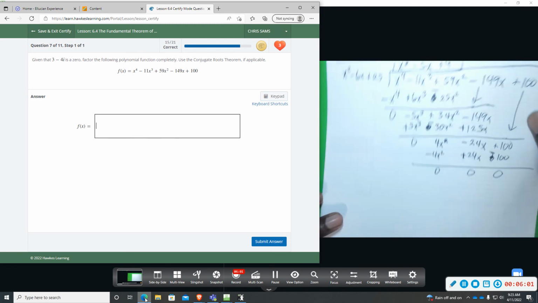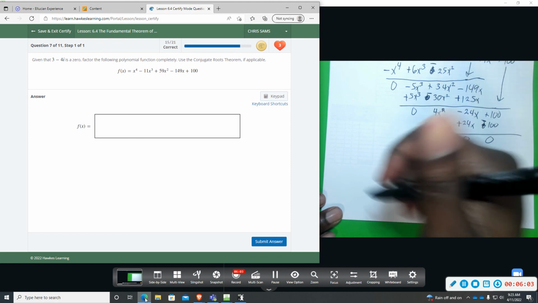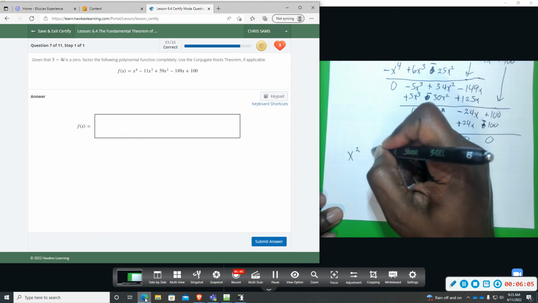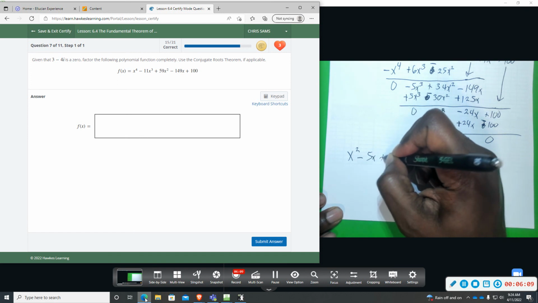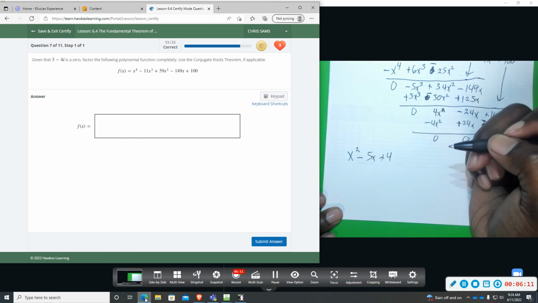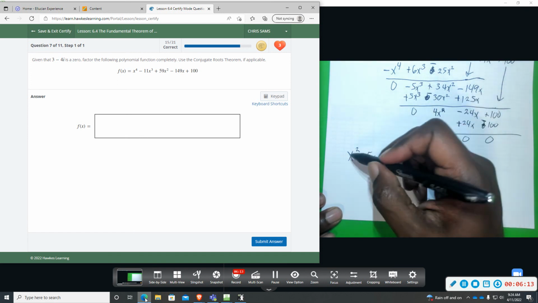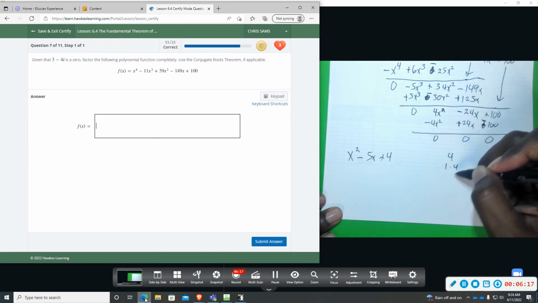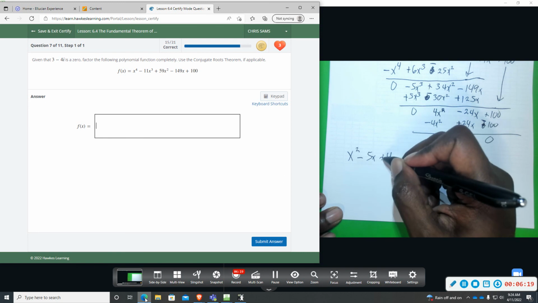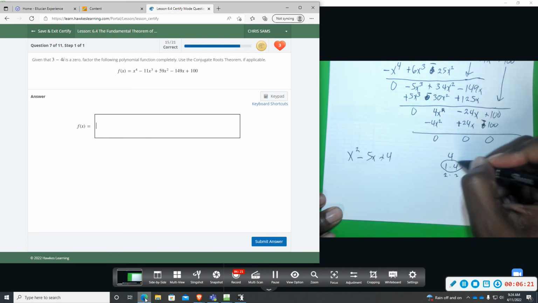So we're going to see if we can factor that. So I'm going to bring that down, x squared minus 5x plus 4. And 1 times 4 is 4. Factors of 4 are 1 and 4, 2 and 2. We want to add to get 5, 1 and 4.